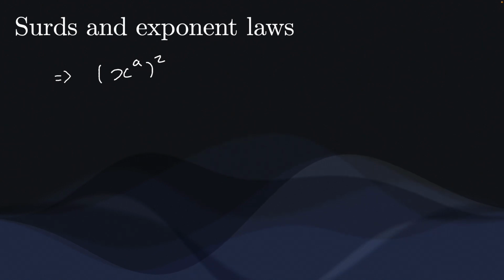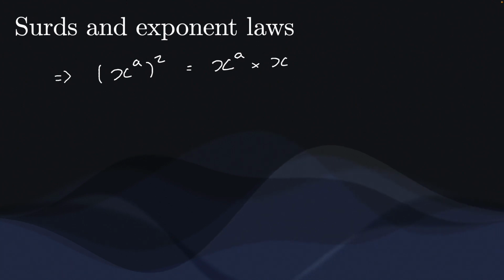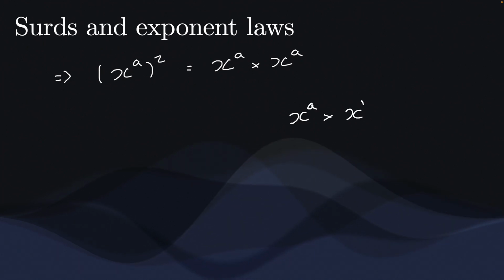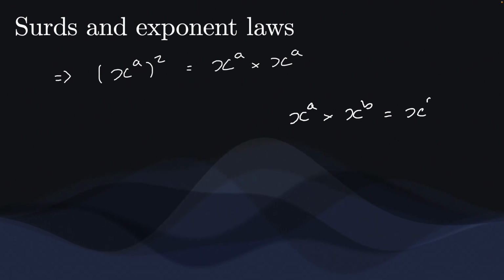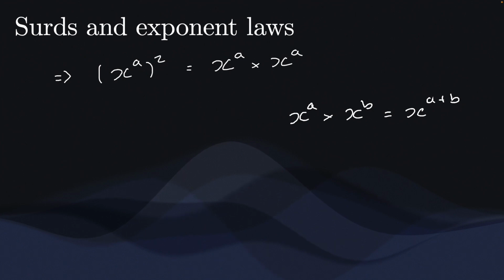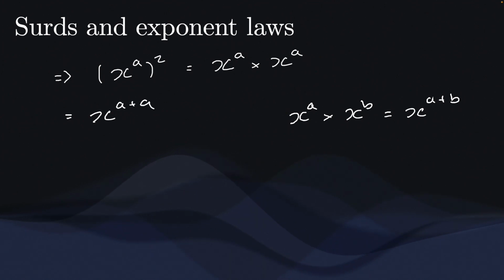And what does that mean? That basically means we're doing x to the a times by x to the a. And remember our other rule, if we have x to the a times by x to the b, so x with some exponent, is just equal to x to the a plus b. Well, therefore we can say that that is equal to x to the a plus a.